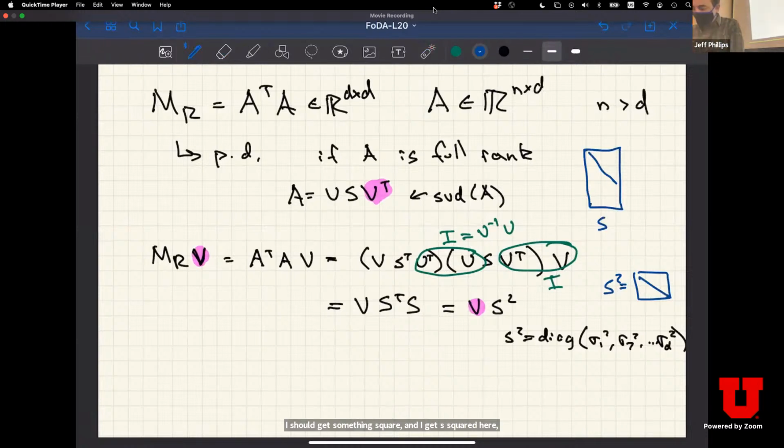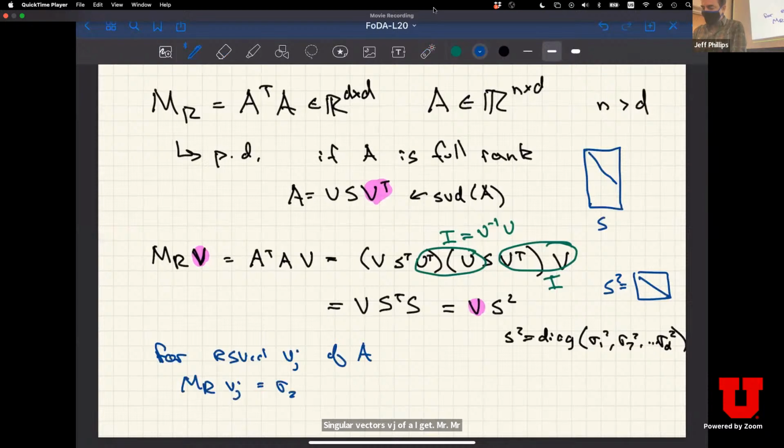And so basically, if I look at all right singular vectors Vj of A, I get MR Vj gives back sigma j squared times Vj, which means that each of the right singular vectors is an eigenvector of MR. And the singular value squared is the eigenvalue.